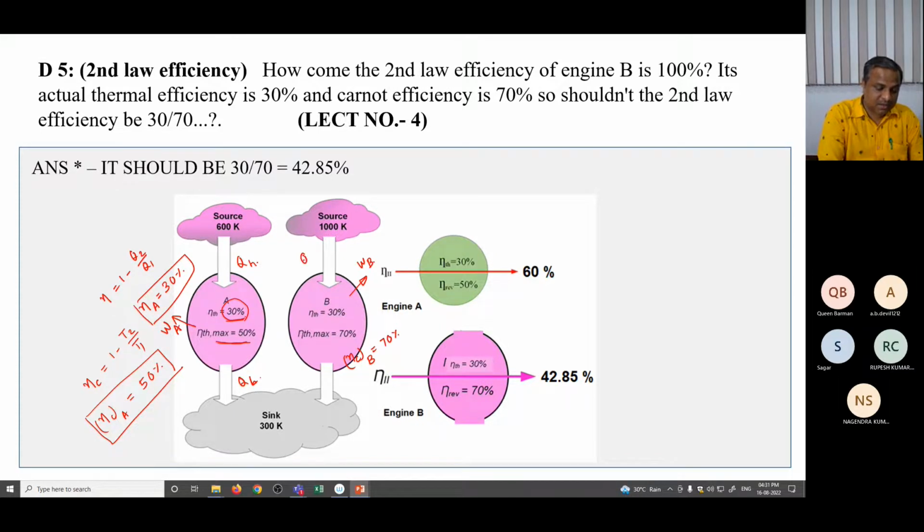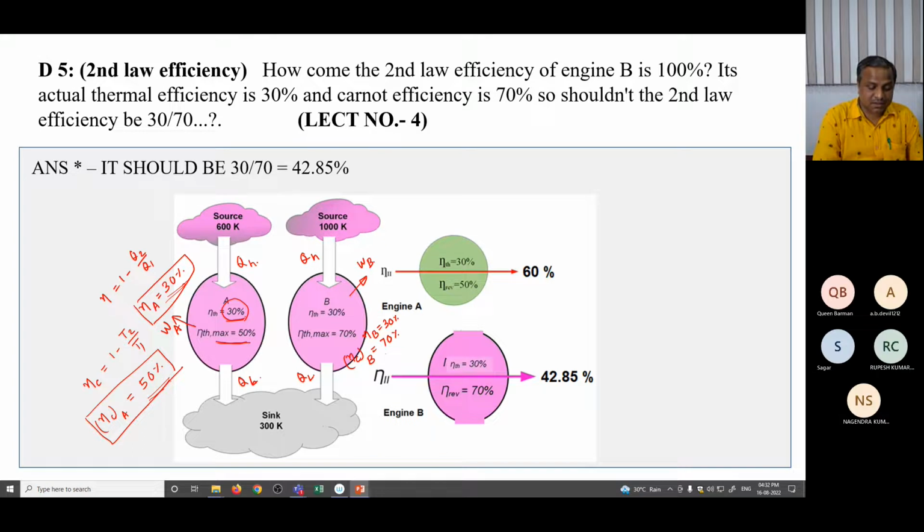So based on QH and QL data, the engine efficiency would be 30%. But the emphasis of the second law is whether engine B is working up to par with respect to its Carnot efficiency or not. In other words, engine A has the capability of producing 50%, but it produces only 30%.